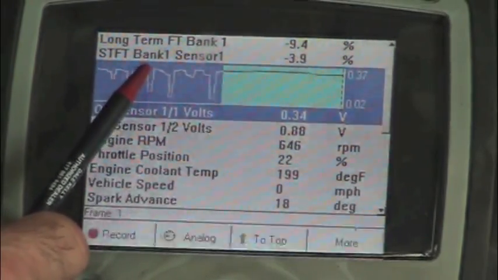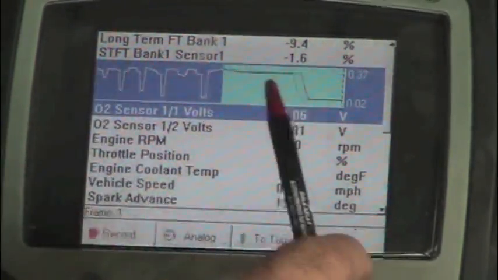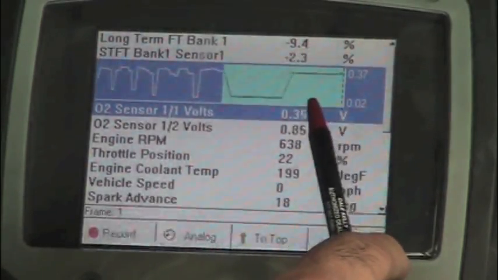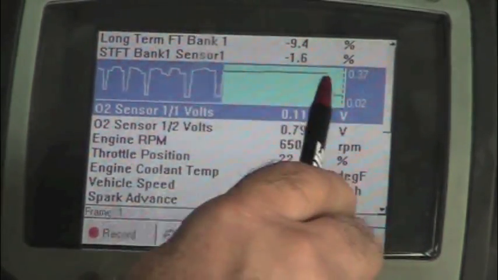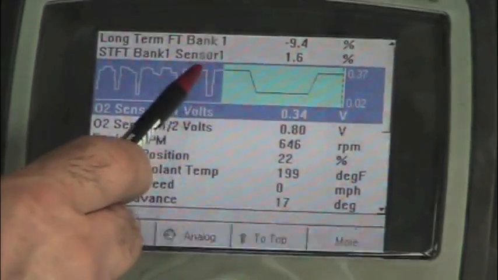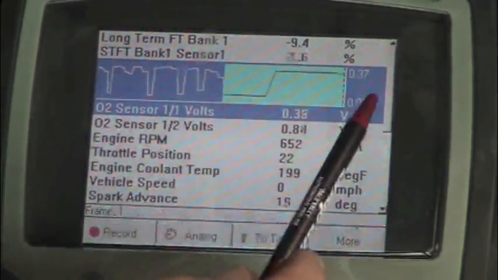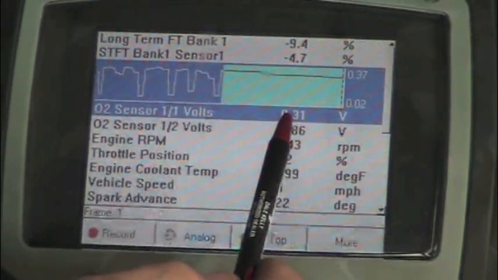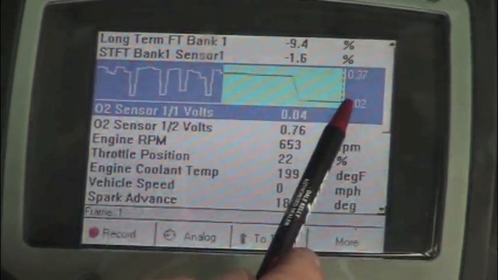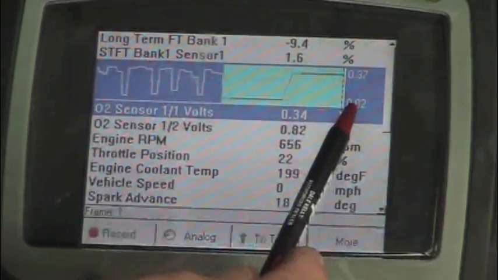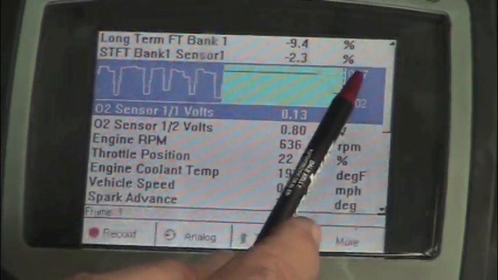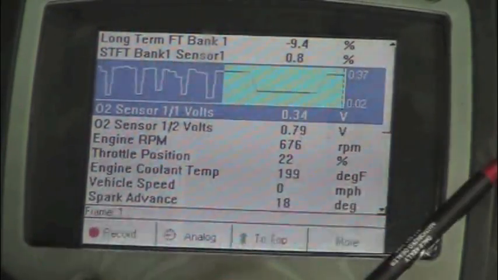If you're not familiar with the Genesis, this is the live data, and this lighter portion is like a magnifying glass. It's zoomed in. But we can see that we're switching, but if we look over here at our data, you can see that we're really only switching 0.3. The low range is 0.02, and the highest it's doing is 0.37.